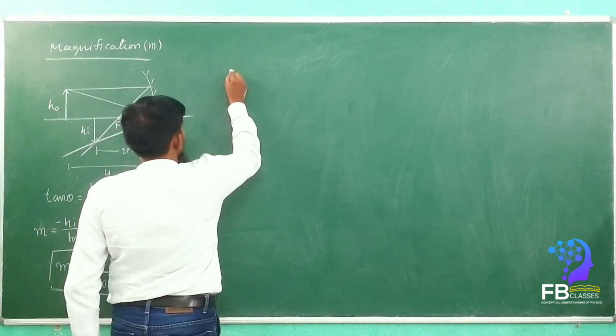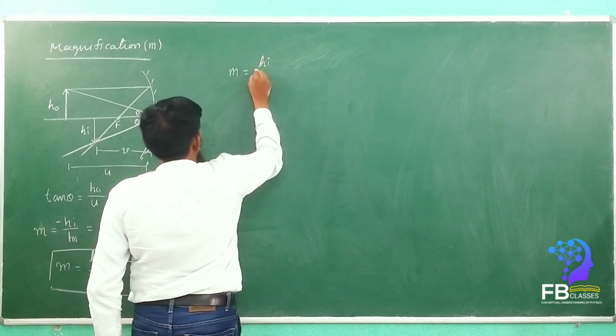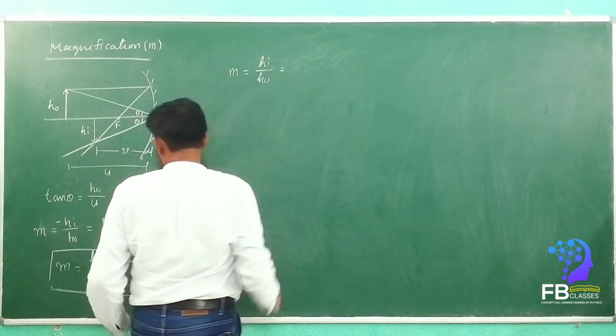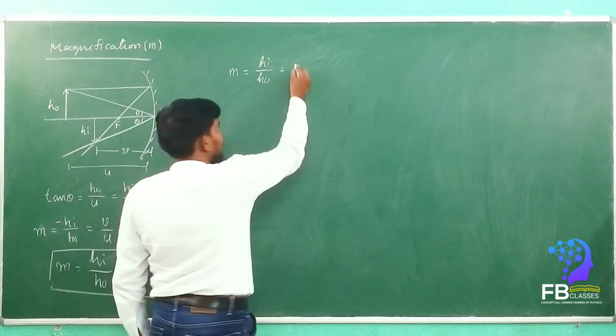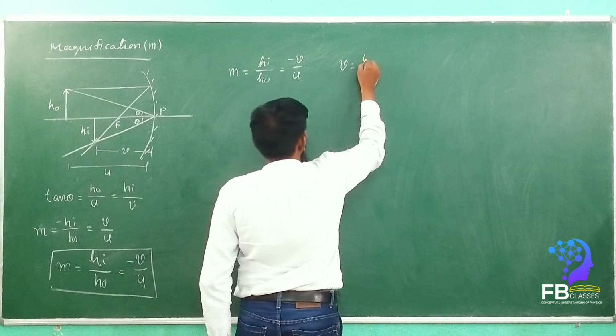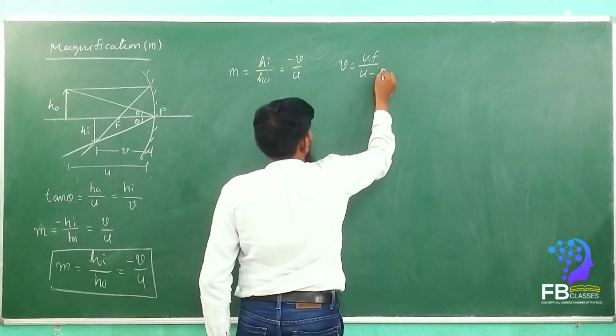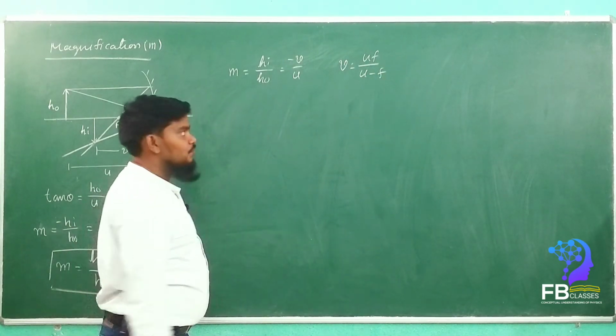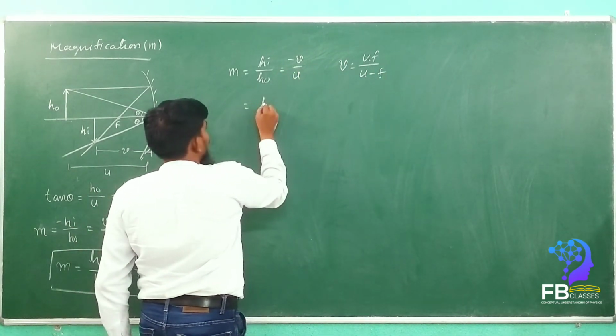See, m is equal to Hi upon Ho, which is equal to minus V upon U. We already know that V is equal to UF upon U minus F. Yes or no? So putting in the value here, how much will come?